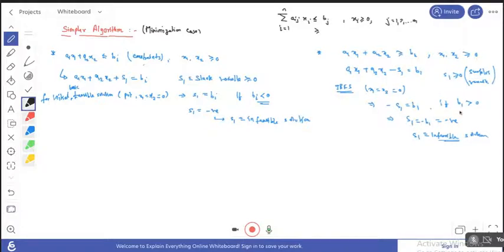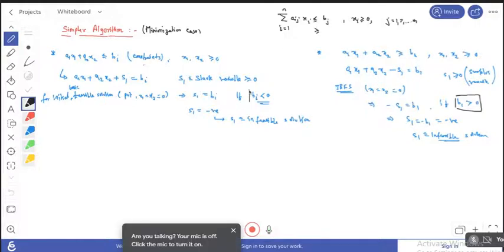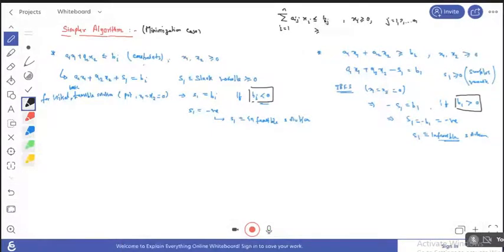But if bj is positive with a greater-than-or-equal-to sign, then the surplus variable gives an infeasible solution. So in less-than-or-equal-to inequality, if bj is negative, you get an infeasible solution, and in greater-than-or-equal-to inequality, when bj is positive, you get an infeasible solution.